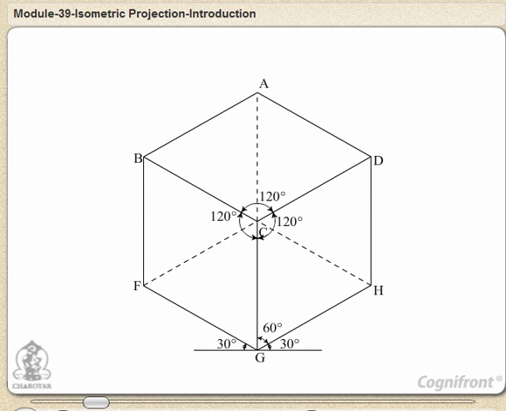The three lines CB, CD and CG meeting at C and representing the three edges of the solid right angle are also equally inclined to the VP and are therefore equally foreshortened. The diagonal BD of the top face is parallel to the VP and hence retains its true length.